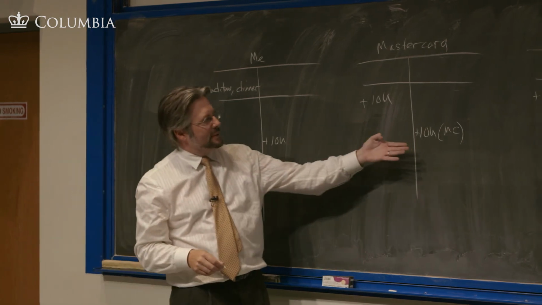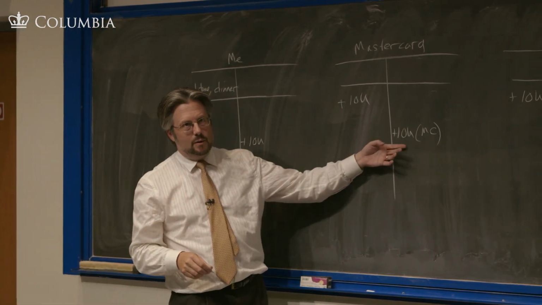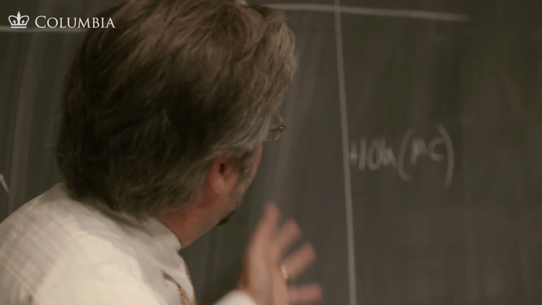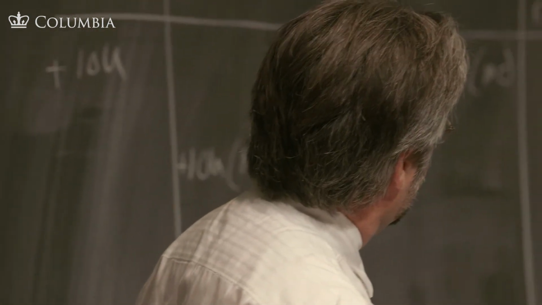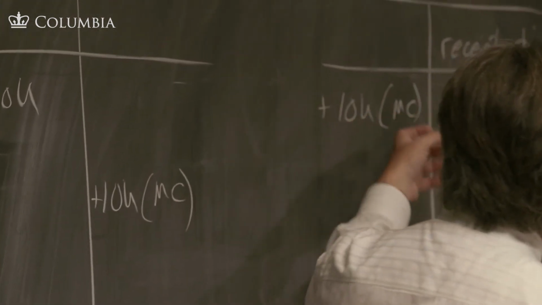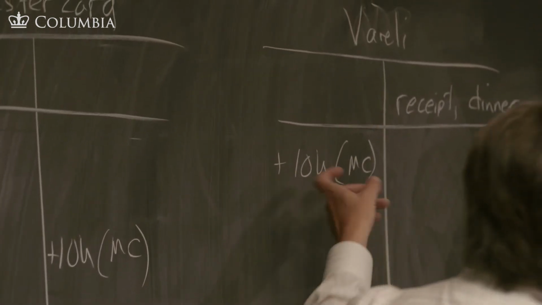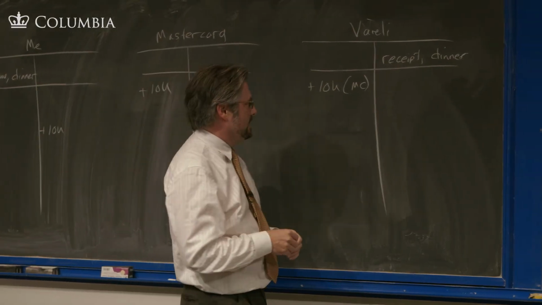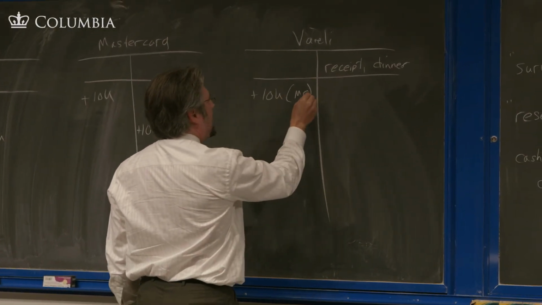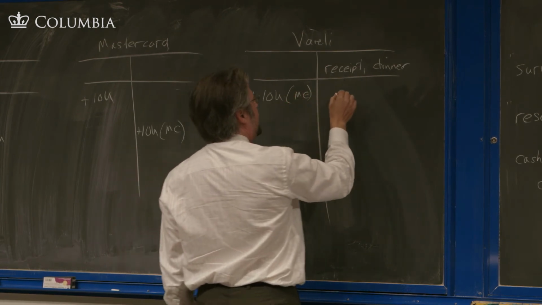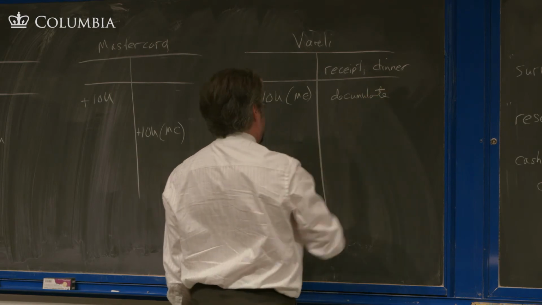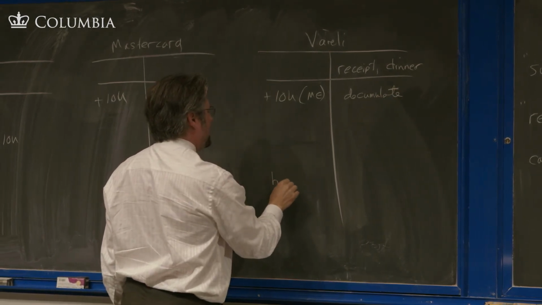So the first thing that happens to clear this credit is the next day or the next week, Varelli and MasterCard do business, and Varelli says, I present this IOU to MasterCard, and I want to be paid. So this is an asset, and I am decumulating this asset, and I am hoarding cash.